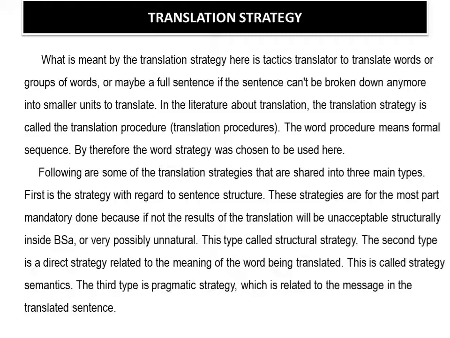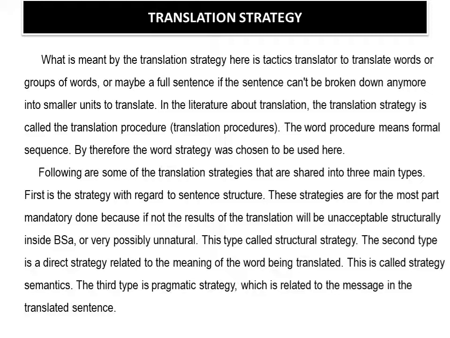Following are some of the translation strategies that are divided into 3 main types. First is the strategy with regard to sentence structure. These strategies are for the most part mandatory, because if not, the result of the translation will be unacceptable, structurally wrong, or very possibly unnatural.